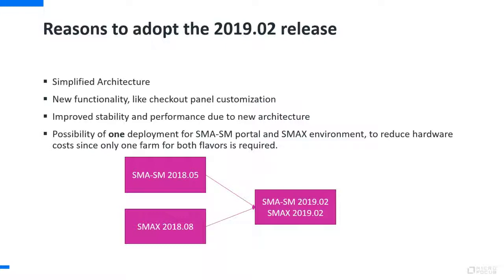Now with the 2019-02 release, it was possible to combine both installations into one deployment and run the SMAX instance of 2019-02 and the SMA-SM portal version on the same hardware, which is a huge saving for them to move forward. So these are the key reasons for this customer to adopt.